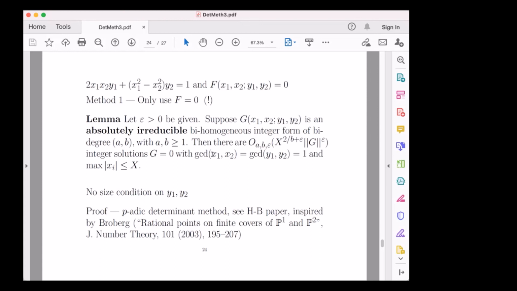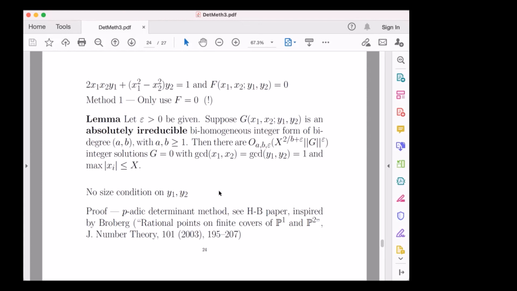So these are solutions in which x1 and x2 are coprime, y1 and y2 are coprime, and the xi's are of size at most capital X. So the exponent decreases with b, that's the degree in the y's, and you'll notice that there's no size constraint on y1 and y2. So this is really a remarkably sharp estimate for the number of solutions of a bihomogeneous equation.